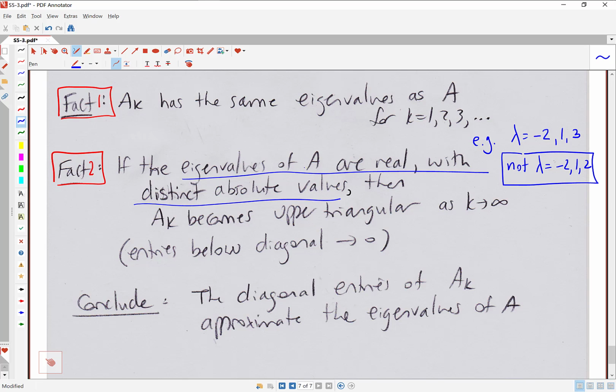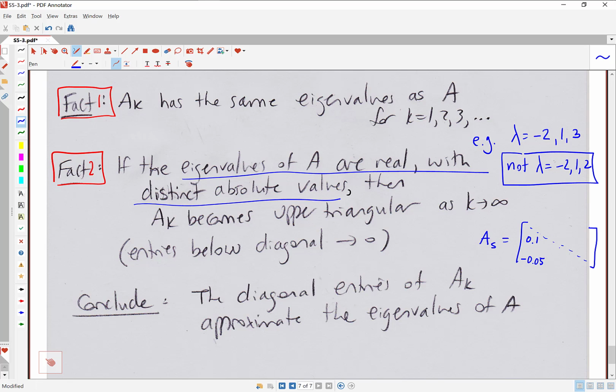All right, so what we're saying is that if you take a matrix A that has this nice property with the eigenvalues, then after you iterate this process enough, let's say maybe 5 steps and you've built this matrix A5, what you're going to see below the diagonal are entries that are very close to 0. You might see entries like 0.1 or -0.05.